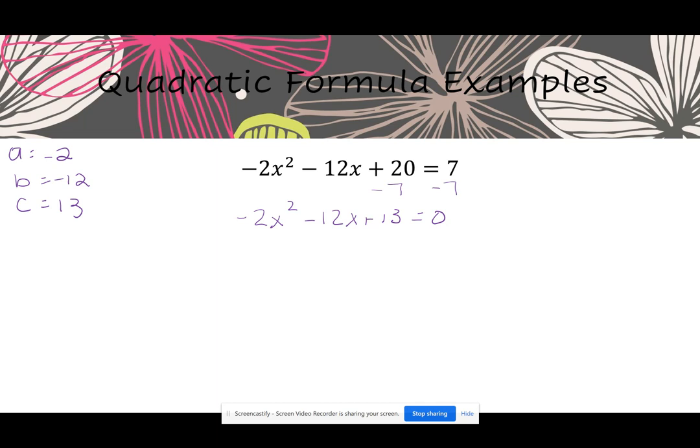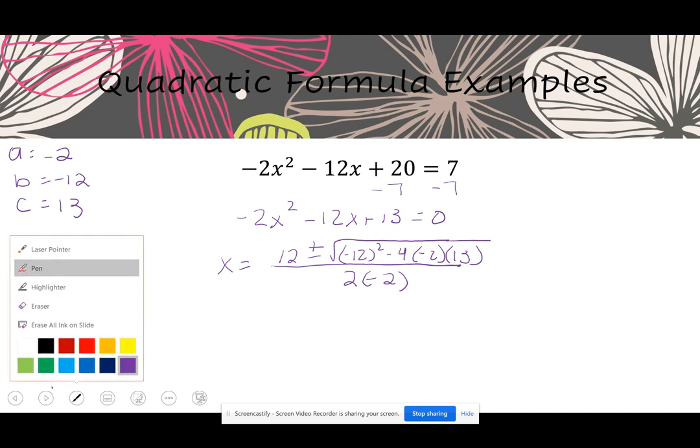Now we can plug into our equation. x equals negative b, the opposite sign of b, so positive 12, plus or minus the square root of negative 12 squared, b squared, minus 4 times a times c, all over 2 times a.